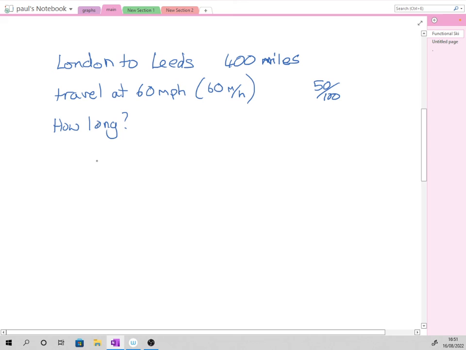Right, so first of all, let's do our little triangle, with small letters down here. We need to find how long, which is the time. So the time is equal to the distance divided by the speed. The distance is 400 miles. The speed is 60.